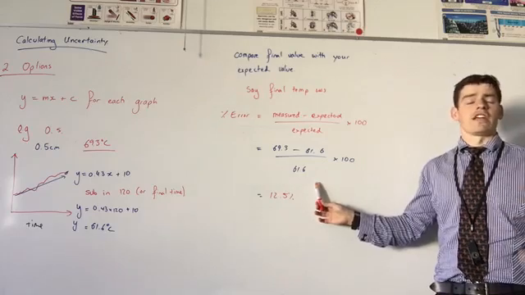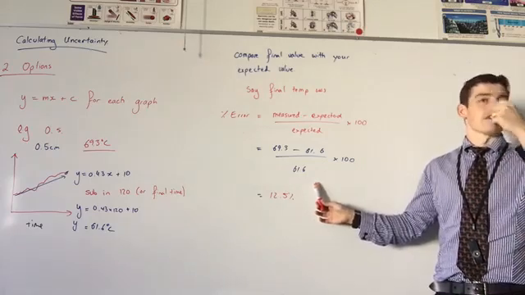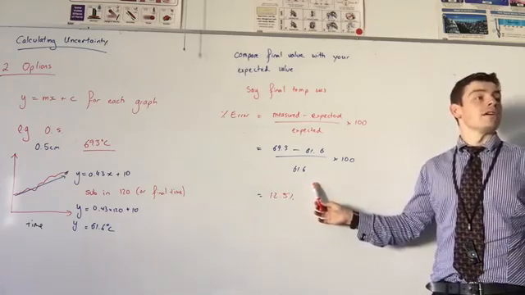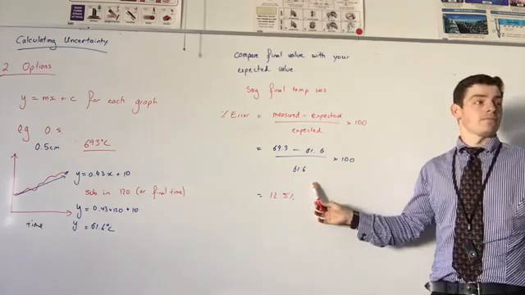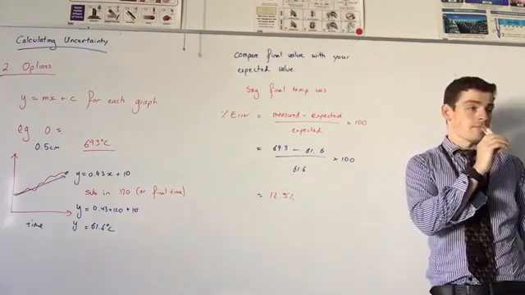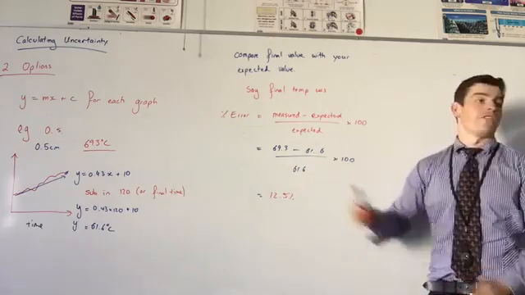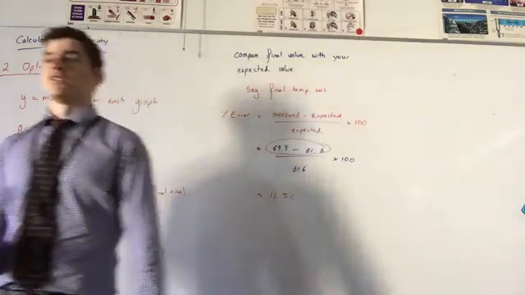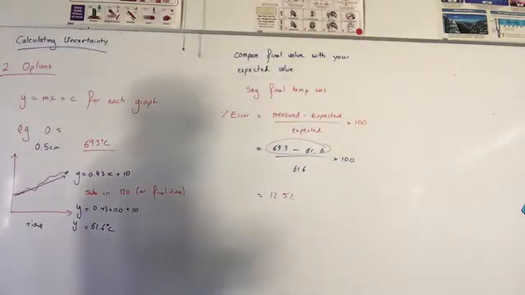In our graph. How can we show it in our graph? Error bars. Clear? Do you want us to do absolute uncertainty? That top value here, that top value there is your absolute uncertainty. Okay?